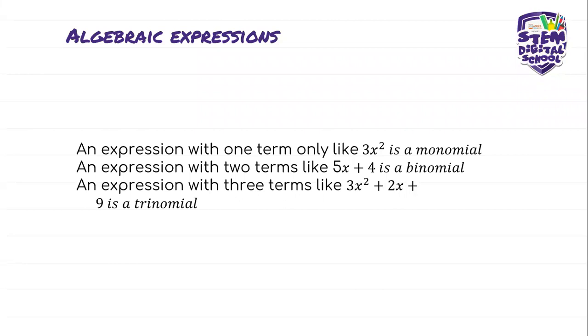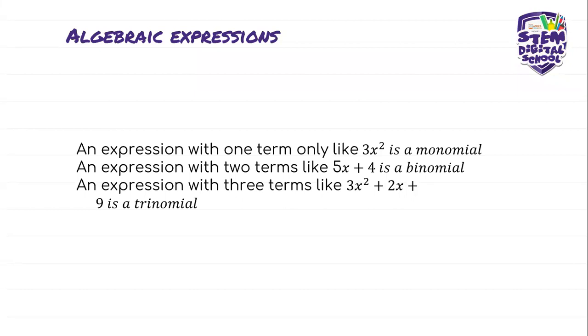And the monomial is an expression with only one term. So if you have any expression with just one term, then that expression will be known as a monomial. Whereas the expression with two terms is a binomial. And thirdly, you also have an expression with three terms, which is known as a trinomial.